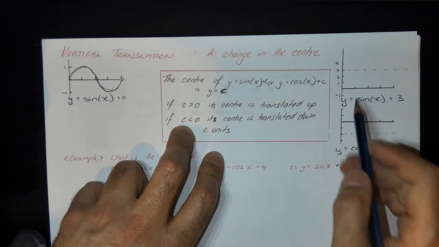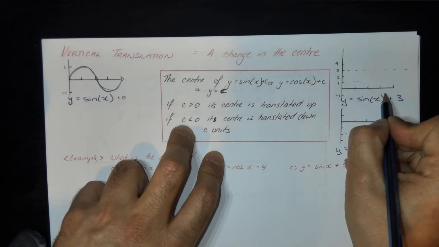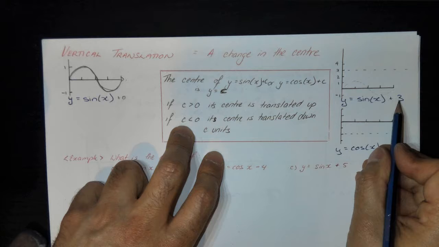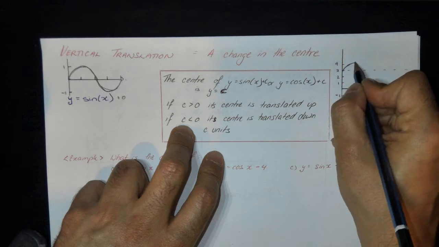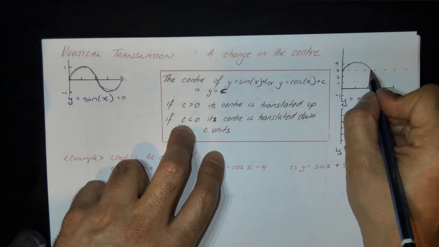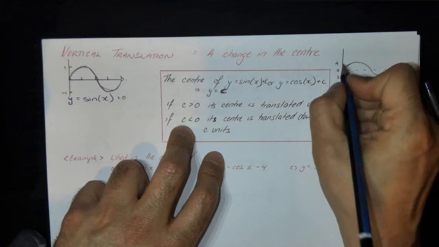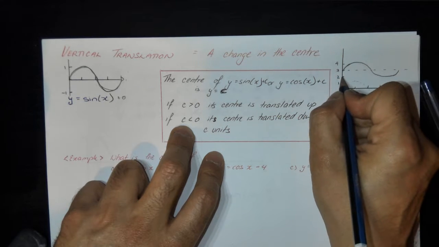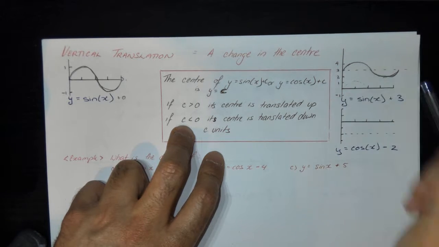So something like this, where we have something like that. If we're translating it plus 3, it means that the center will go up to 3. So it would go from 4 to 2 as its range. Okay.